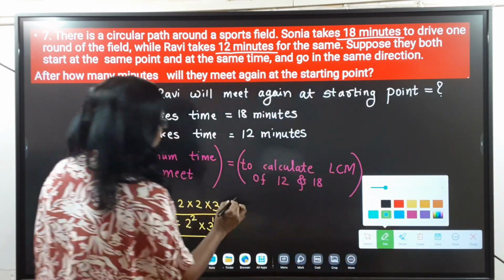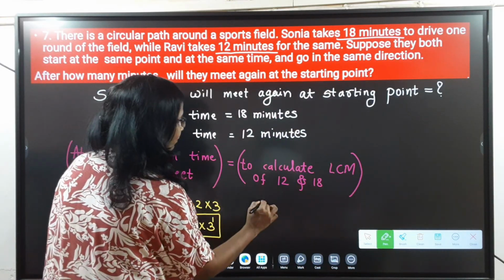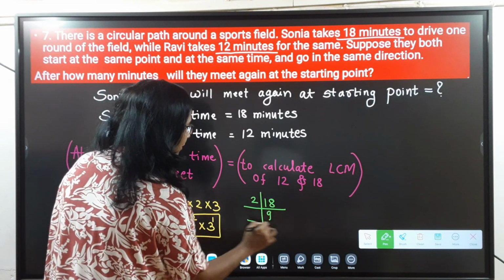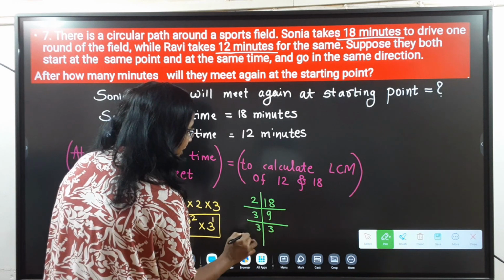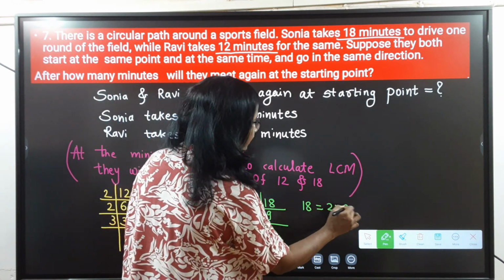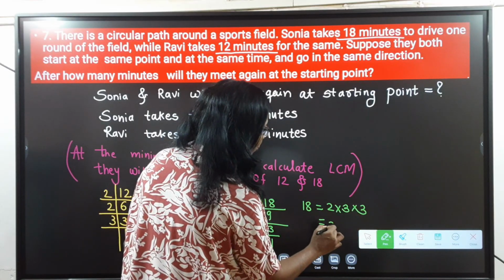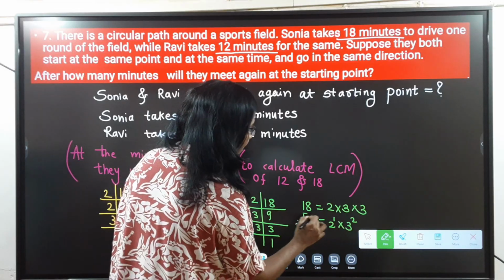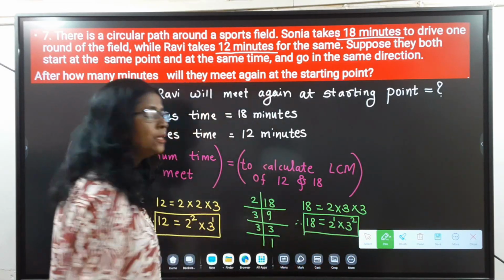So 18, that means here 2 times 9 is 18, then 3 times 3 is 9, then 3 times 1 is 3. So I write down here 18 is equal to 2 multiplied by 3 multiplied by 3. That means here 2 raised to 1 multiplied by 3 squared. Therefore 18 is equal to 2 raised to 1 multiplied by 3 squared.